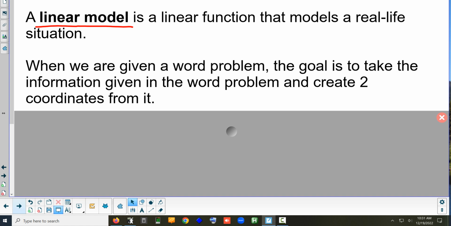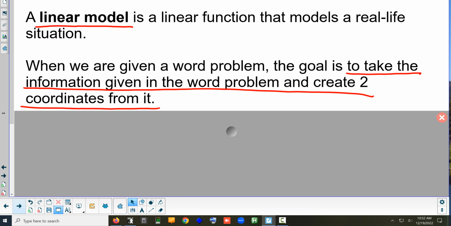So at the second bullet, where it says when we are given a word problem, the goal is, you want to write what's underlined in red. Take the information that you're given and turn it into two coordinates. If you can make it into two coordinates, then this is exactly the same as the problem we just did before this and the two we did before that.